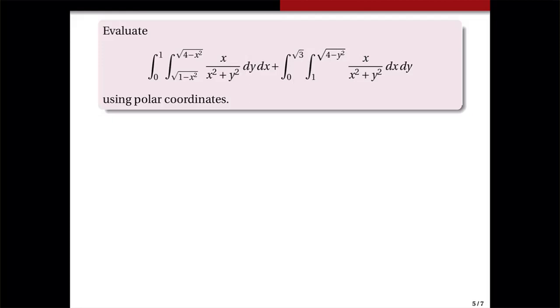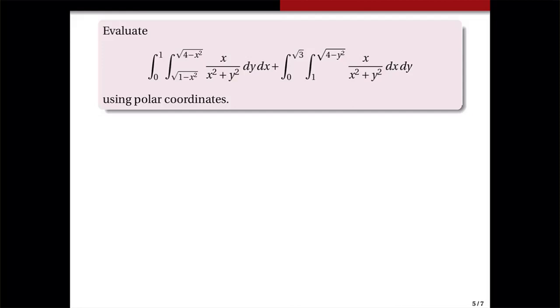But in order to do that, you need to observe some things. For instance, you look at the integrands, the integrand here and the integrand here. Take note that they're the same. So it is possible to combine them into a single double integral. Okay?